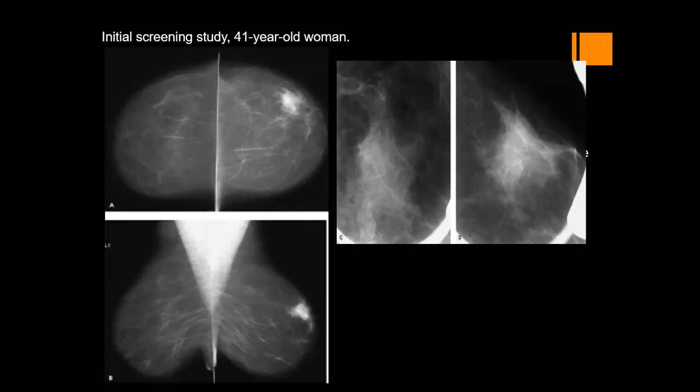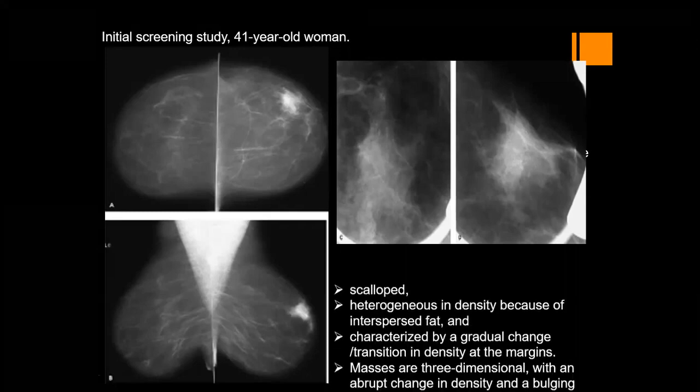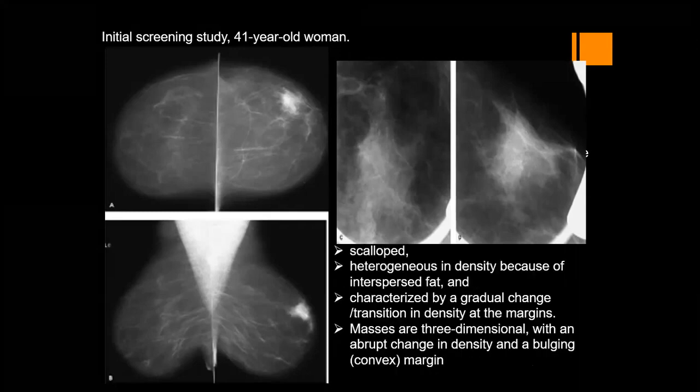Its density is heterogeneous rather than homogeneous, and it is fading away, with gradual transition of the density toward the periphery, while a mass would have abrupt, bulging convex margins. So this is asymmetry because it is scalloped, heterogeneous in density due to interspersed fat, and with gradual change in density at the margins.